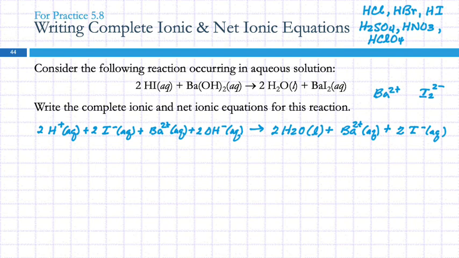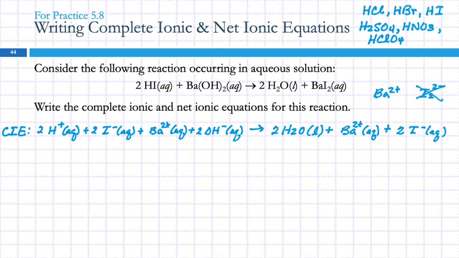So you need to watch out for that a little bit, because that's not correct. I'm sorry, that's not the net ionic equation. This is the complete ionic equation, CIE.